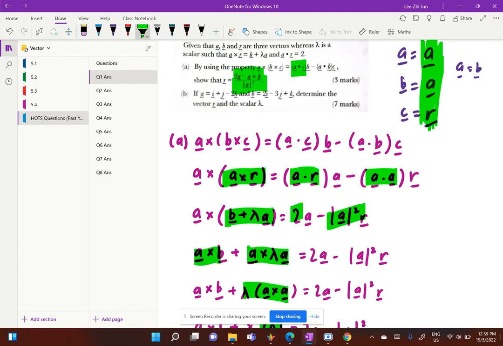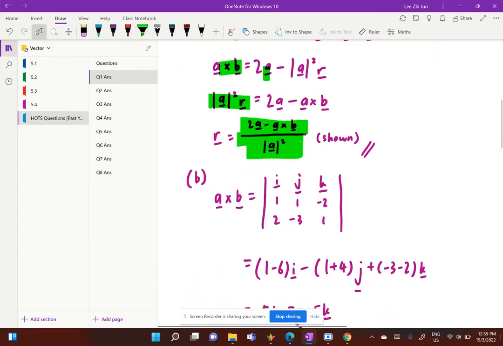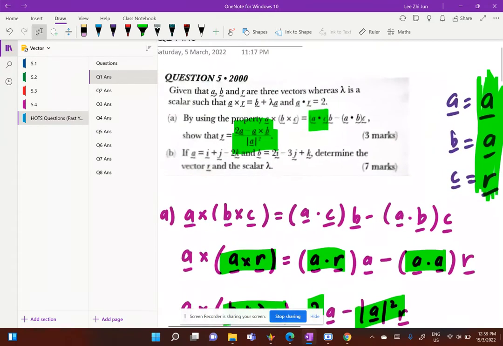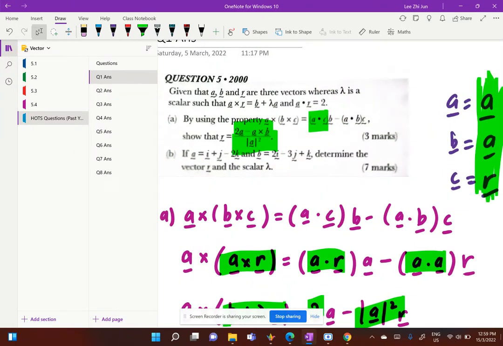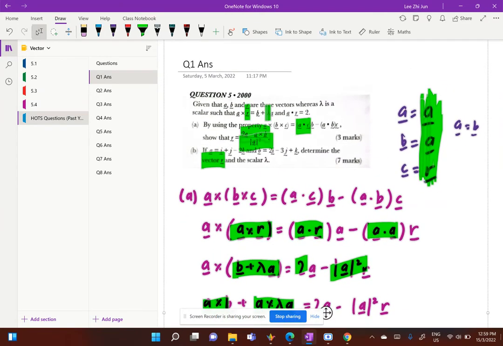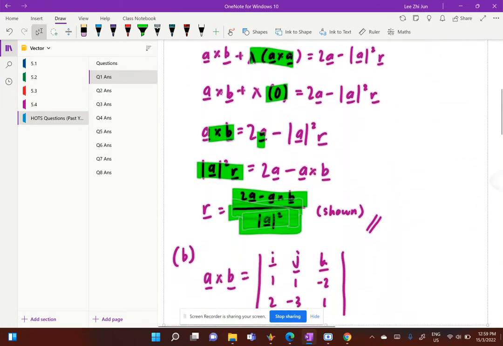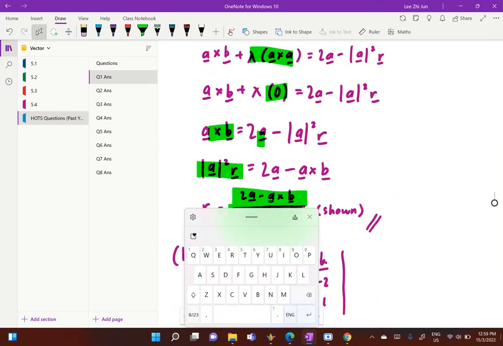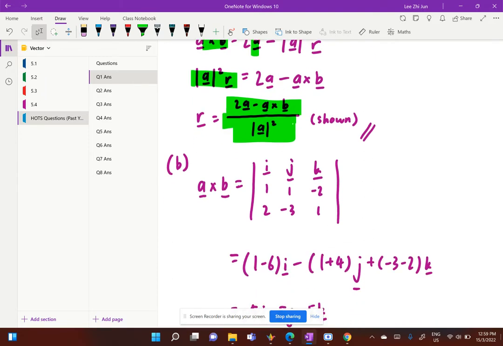Part B asks to determine the vector and the scalar. I will find the vector R first, because only after I find the vector R can I find the scalar. For this vector R, you can see I need to find what A cross B equals, what A squared equals, and what 2A equals.